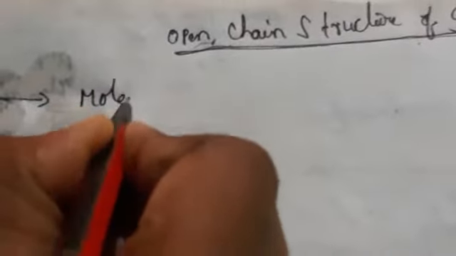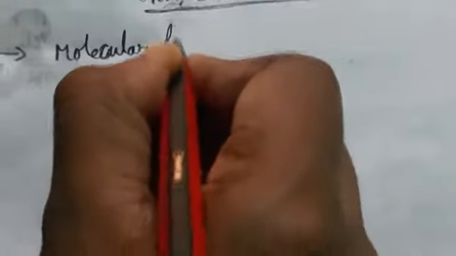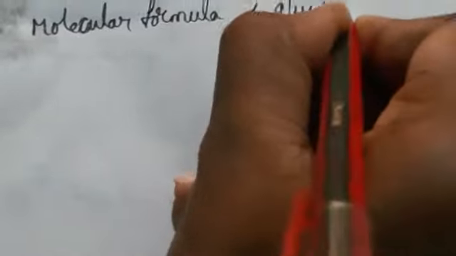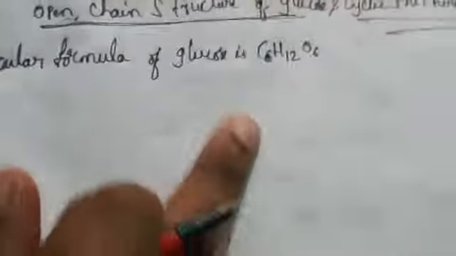Now let us see the first point. What is the molecular formula of glucose? C6H12O6.